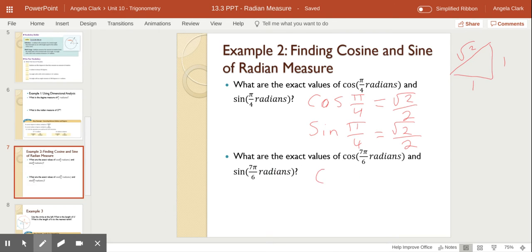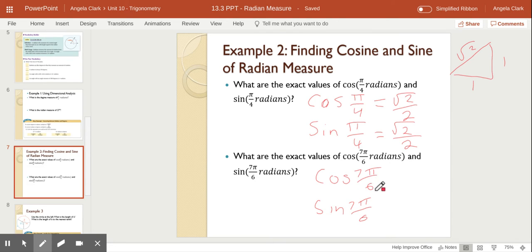So you have cosine 7 pi over 6 and sine 7 pi over 6. Again, the pi tells me that I'm in radians. I don't need it stated. So first of all, what's the reference angle?